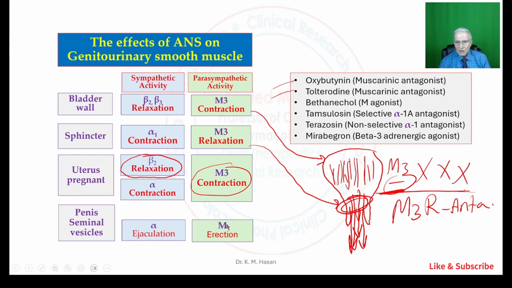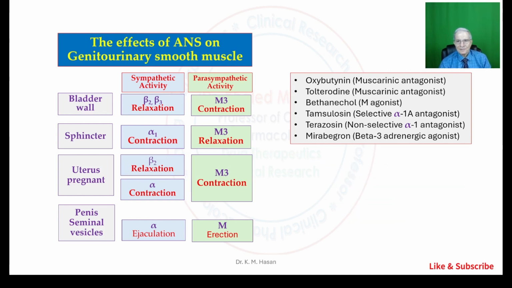The muscarinic receptor. Which is responsible for ejaculation? The alpha adrenergic receptor. Okay. So this summarizes the effect of the autonomic nervous system on the genitourinary smooth muscles.